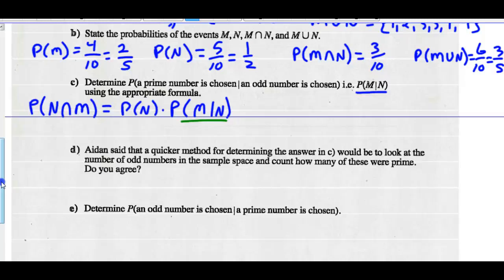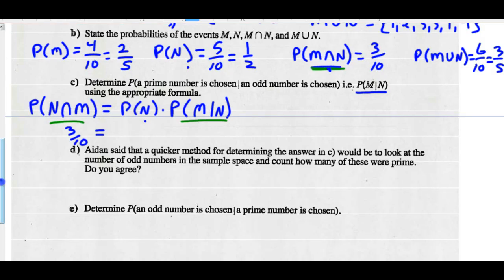So we know the probability of N intersect M, that's the same as M intersect N. And we know the probability of N is 1/2 from right there. So we've only got one unknown. The probability of N intersect M is the same as M intersect N, so that's 3/10.